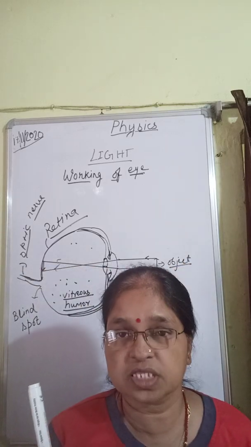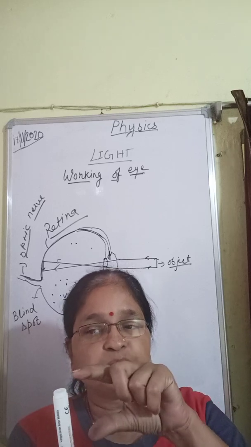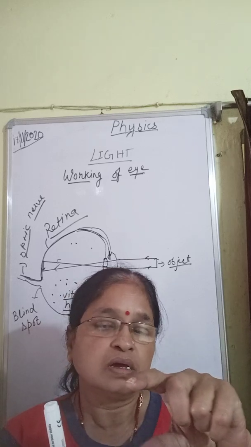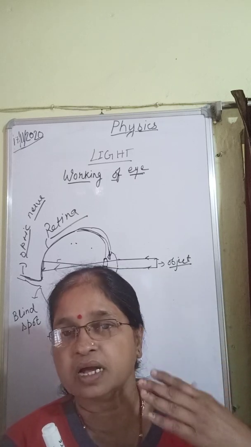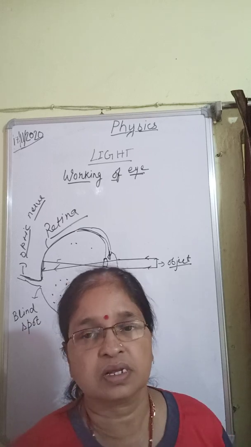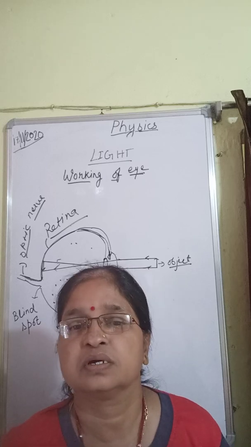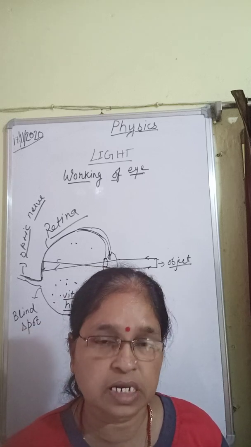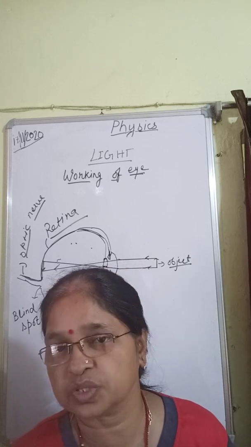When light falls on any object, it is reflected from it and enters our eye, and it makes an image. So let us see how our eye works to form an image and how our brain functions to show that image.